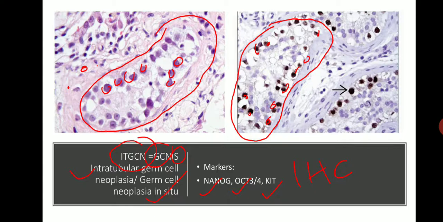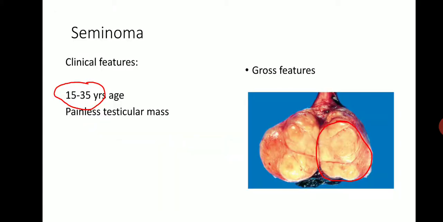GCNIS stands for germ cell neoplasia in situ, and it is the precursor lesion for the germ cell tumor, mostly the seminomas. The markers for GCNIS are NANOG, OCT3/4 and KIT, and the test used to detect it is immunohistochemistry. Seminomas occur at a young age, and present as painless testicular mass.